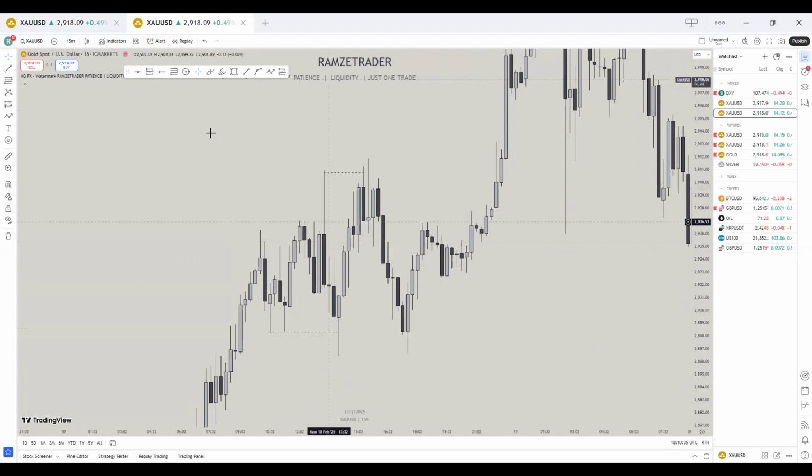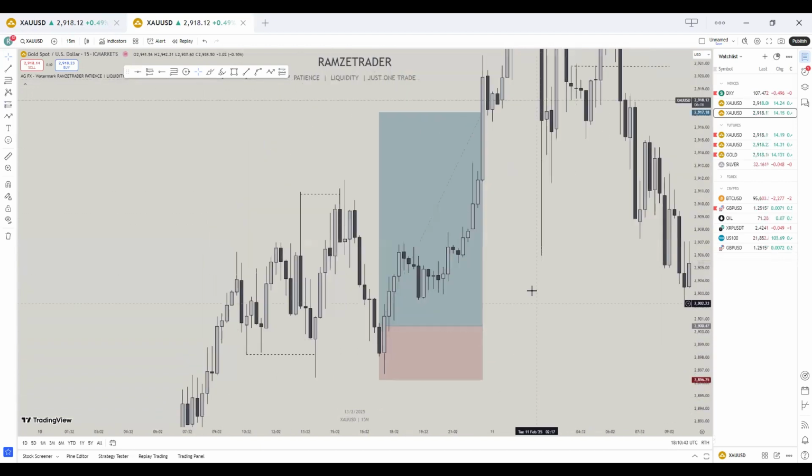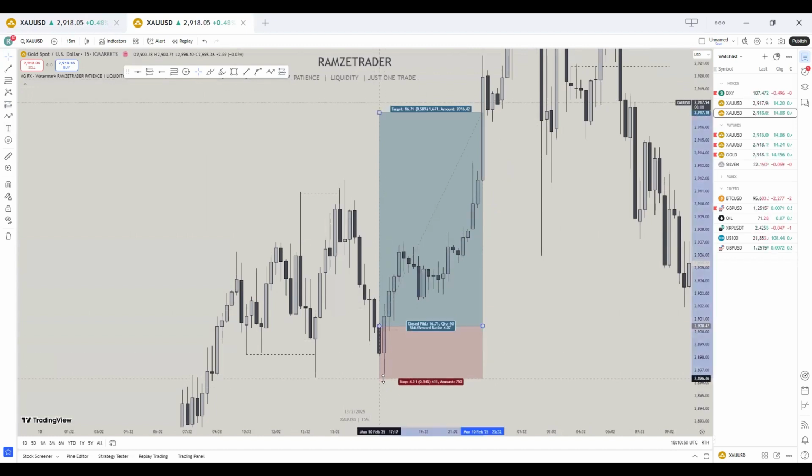Because if my chart is saying this and my SL is here, what you're looking for on your broker is to look for this wick and put your SL below that wick. Because if I say 2896 and you also enter 2896, it may be that your 2896 is somewhere here and you'll be tapped out.